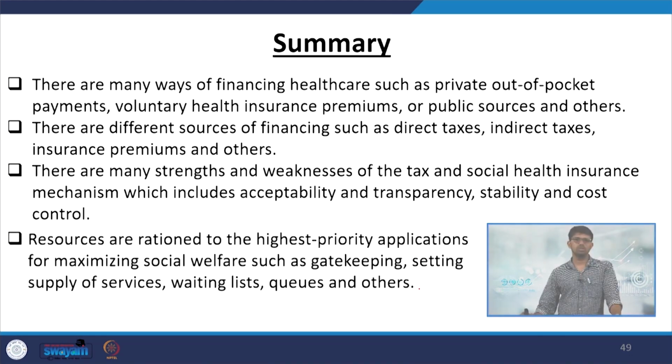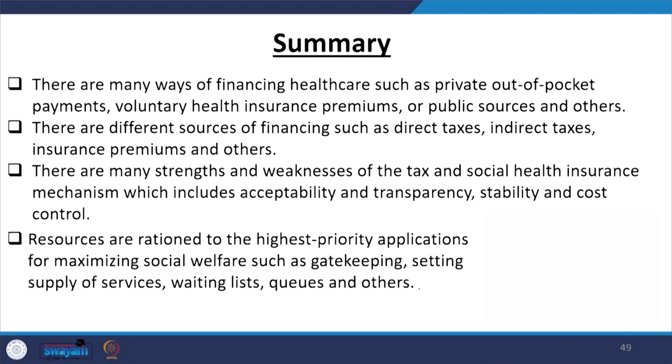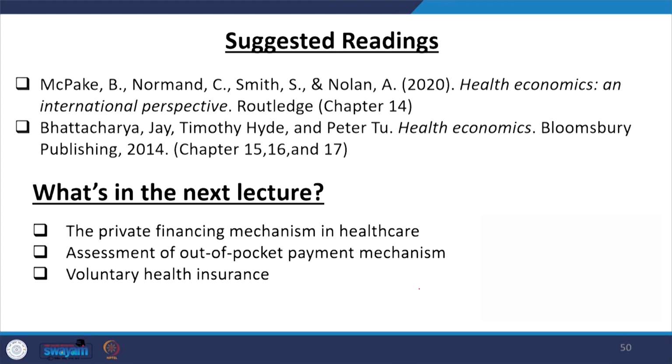Resources are rationed to the highest priority, with a social welfare maximizing target, through rationing approaches such as gatekeeping, setting supply of services, waiting list queues and others. Since this is largely theoretical, reading is a must. Two readings we have cited will be useful. These are the latest two readings we have followed.